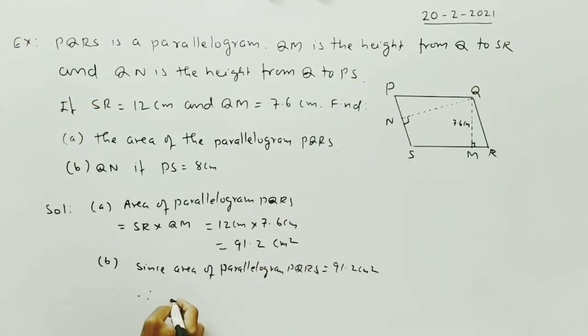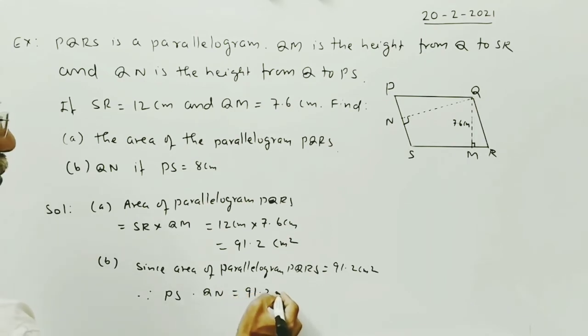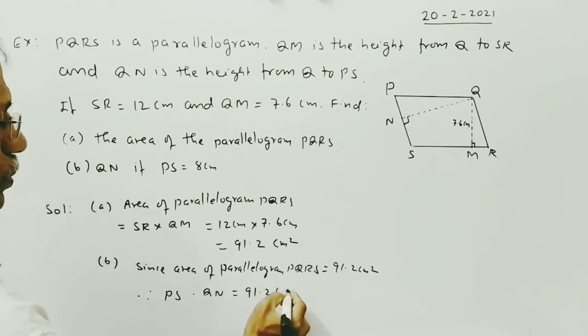That is PS into QN is equal to 91.2 square centimeter.